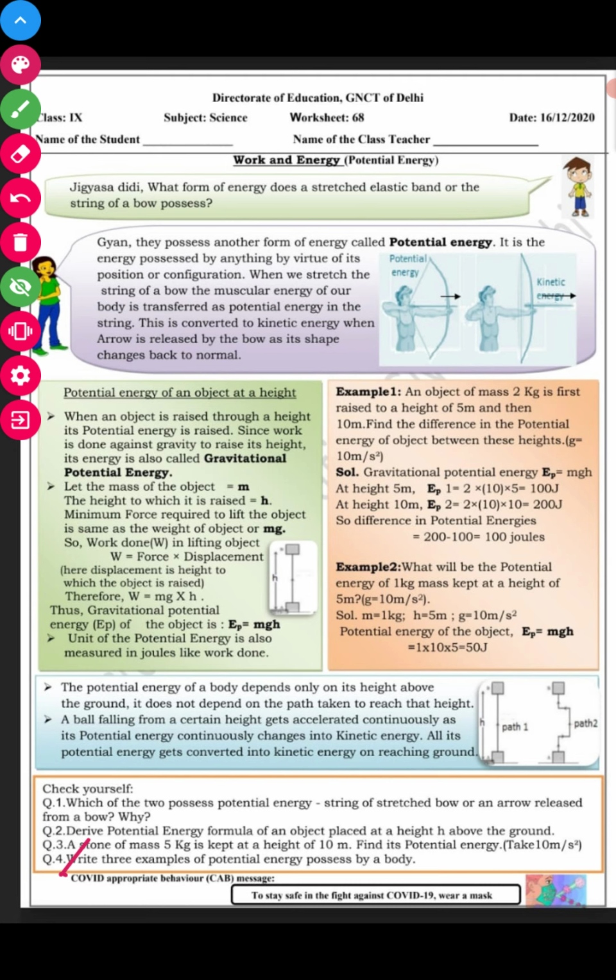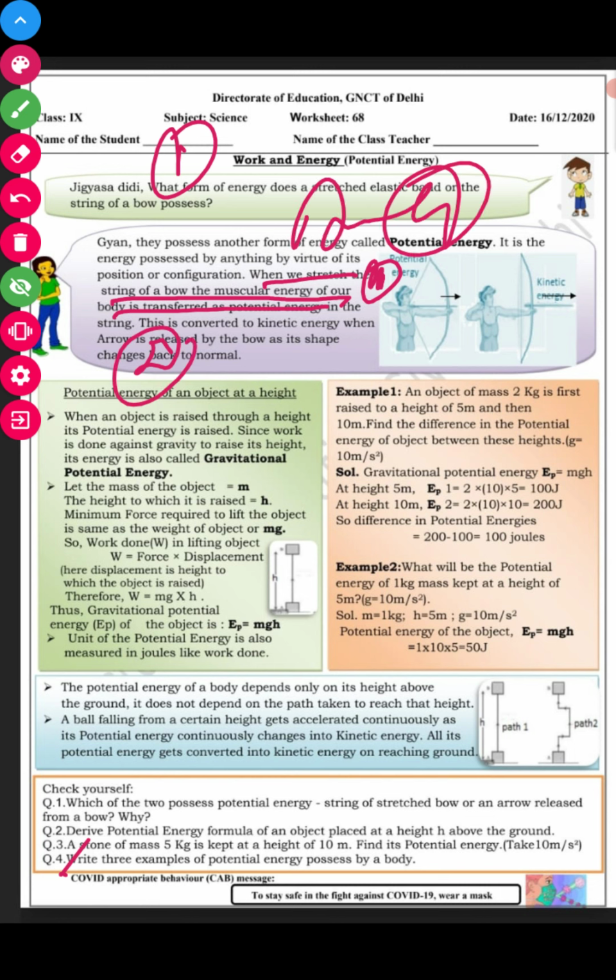Fourth question: write three examples of potential energy possessed by a body. First, if we stretch the string of the bow. This is the first example for your fourth question.